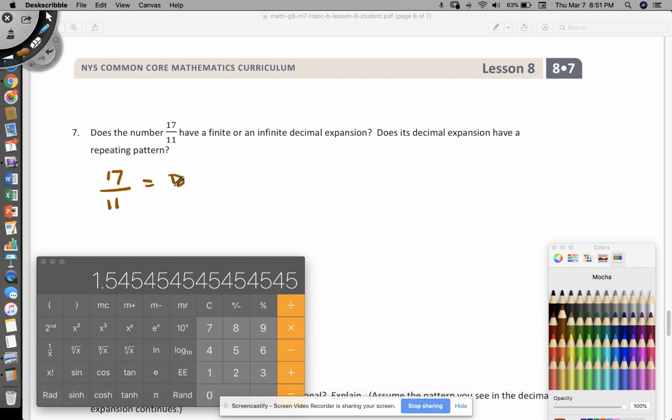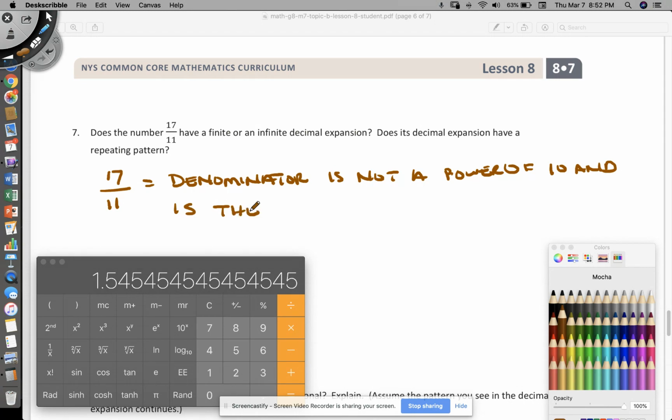So we're going to say the denominator is not a power of 10 and is already in the simplest form.